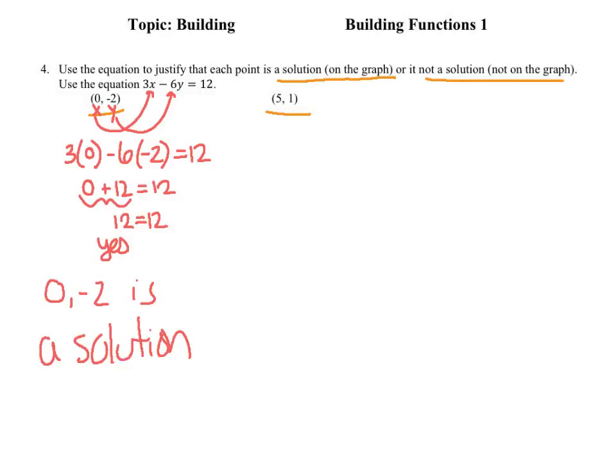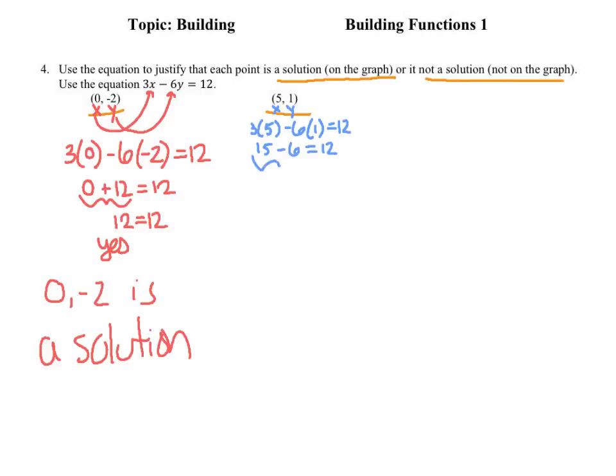Let's take a look at the next one. I have 5, 1. This is my x, this is my y, and let's plug it in. I have 3 times 5 minus 6 times 1, that equals 12. So now I have 15 because of 3 times 5. Negative 6 times 1 is negative 6, equals 12.